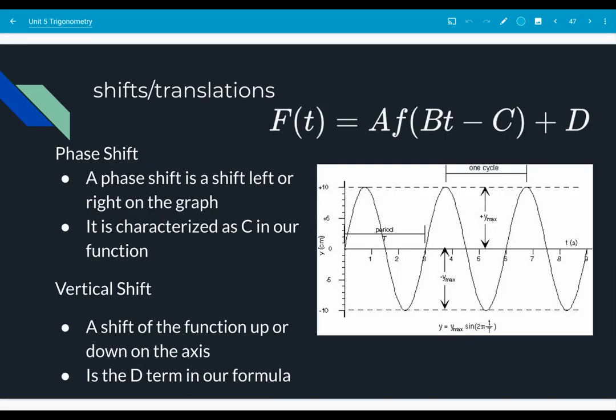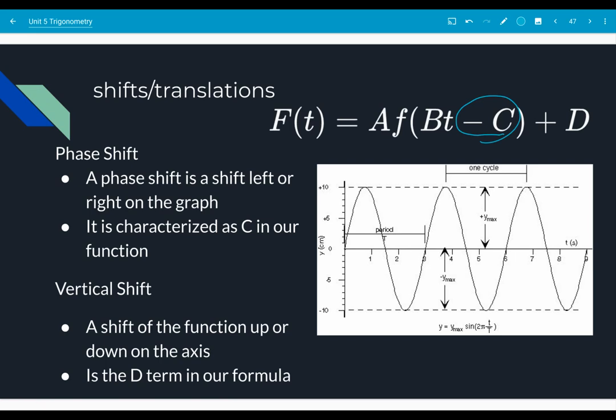The next thing we're going to look at is our shifts and translation. So this is moving the trigonometry function upward, down, and left and right on the graph. So a phase shift is a left to right shift of our function. And that's characterized as the c in our function.